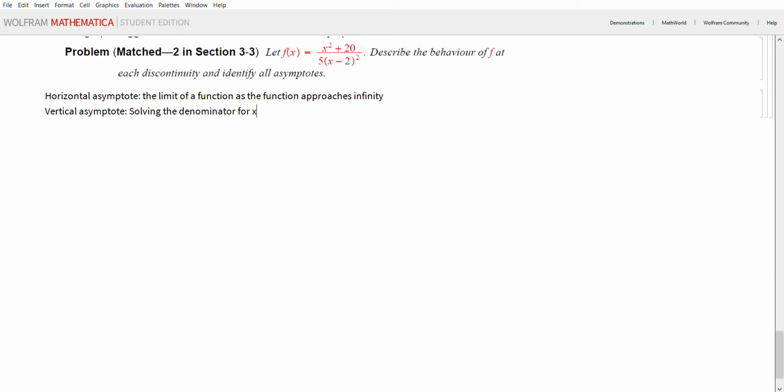And then finally, a point of discontinuity occurs when, after you solve the denominator and you get the value of x, you go ahead and find, say, the functional value f of 2.